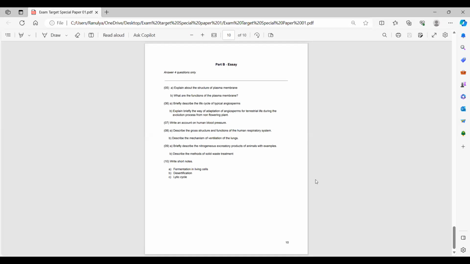Part 10. Number 1. Plasma membrane is the outer limit of the cytoplasm. All cellular membranes resemble the ultrastructure of plasma membrane.